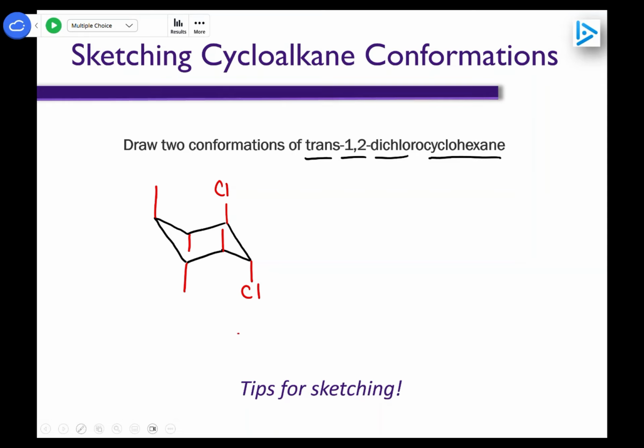Then you can draw in your equatorial positions. These ones I think are a little bit more challenging, but try to think of that up, down, continuing on. What's even better is if you have your molecule kit, your cyclohexane in that chair conformation, hold it up, and that can also help you figure out where to draw in the equatorial positions.